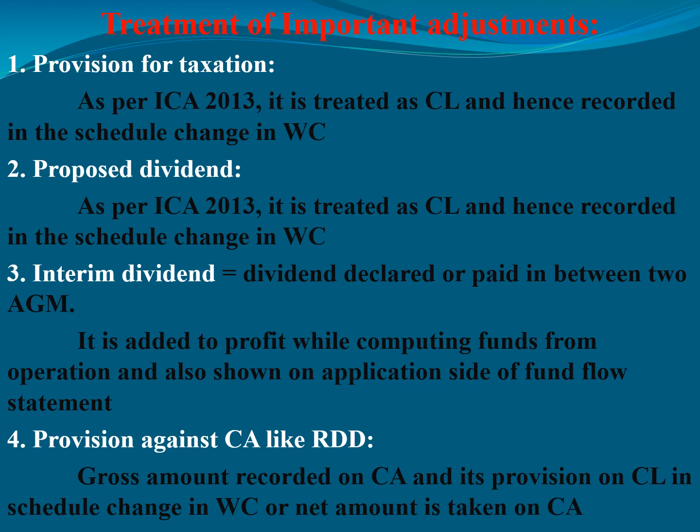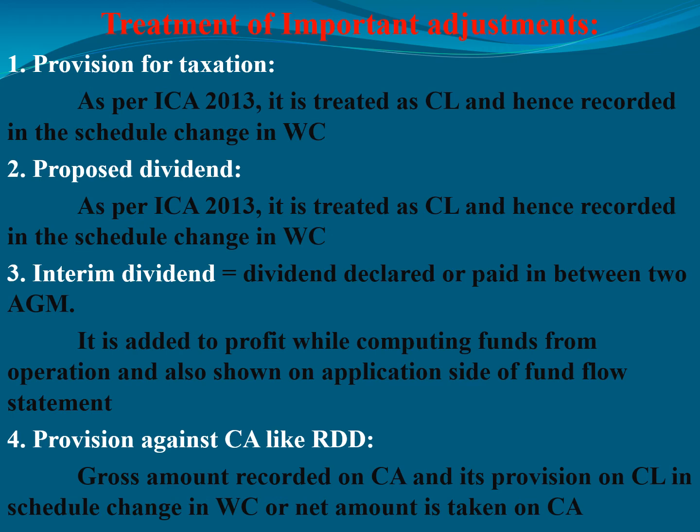So the treatment in fund flow statement of this interim dividend: it is added to the profit while preparing funds from operation and also shown on the application side of the fund flow statement. So interim dividend has two effects here.